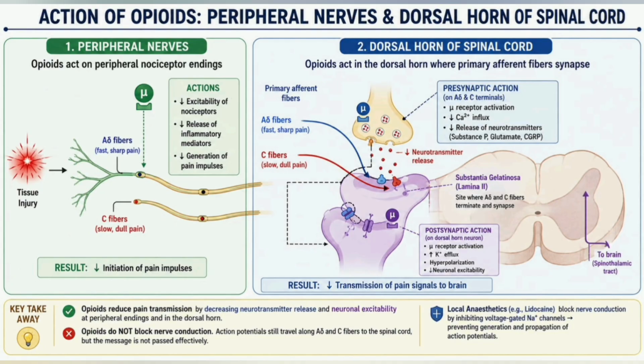While local anesthetics like lidocaine block the nerve conduction by inhibiting the voltage gated sodium channels. So it prevents the generation and propagation of the action potential itself. So in this way, the action of local anesthetics differs from that of opioids.